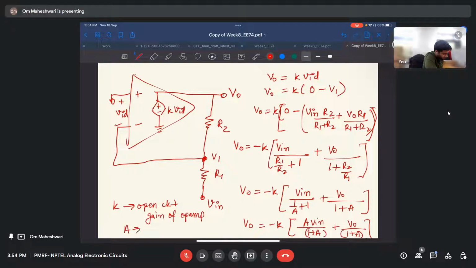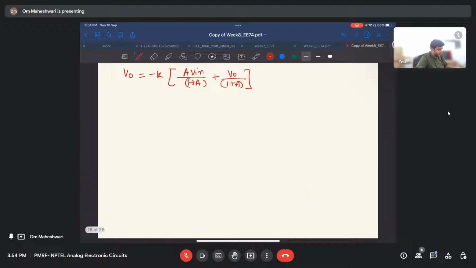A is the R2 by R1, gain of the feedback circuit. Can anyone please confirm that you are getting what I'm telling you? Else I'll repeat. Yes, sir. Gain of inverting side. Yeah. Okay, so we are till here.